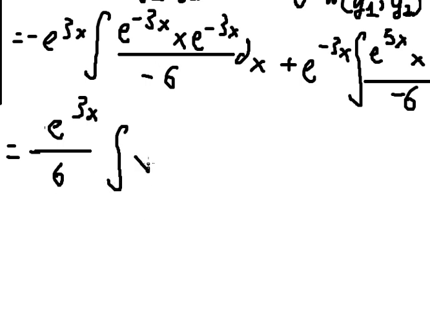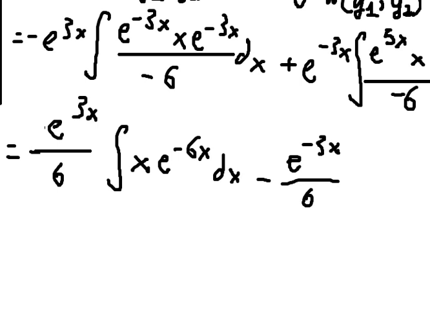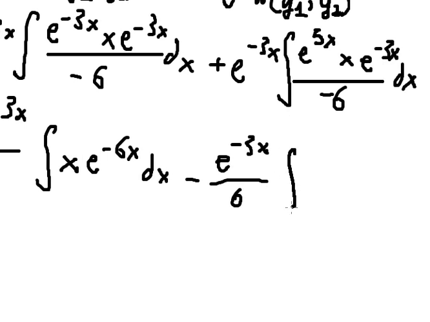This one we have s e to the power of negative 6s ds. This one we put negative number 6 outside. So this one we have s ds.